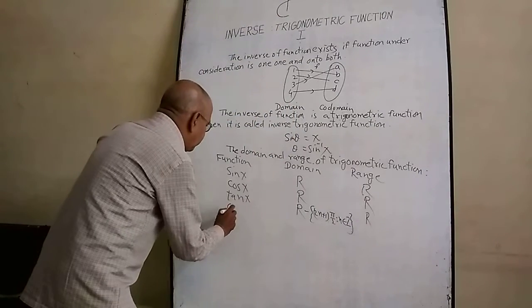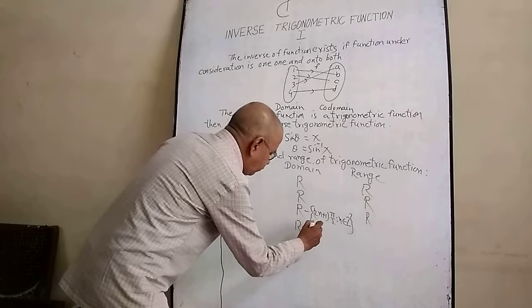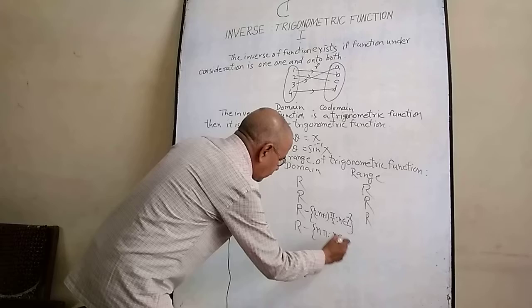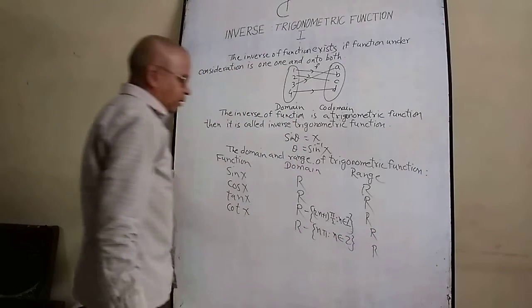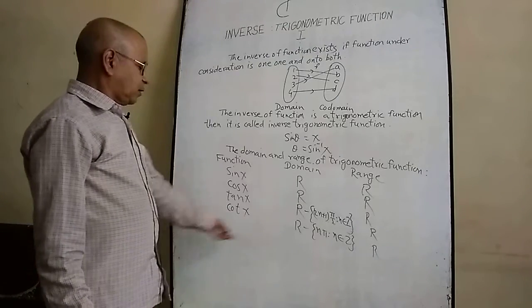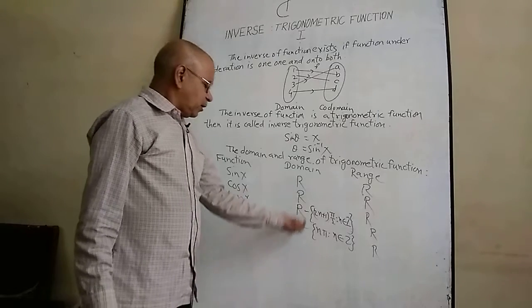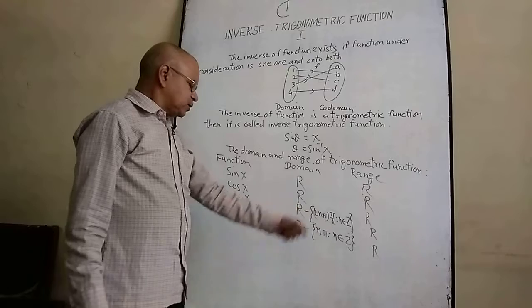Similarly, if I take cot x, then the domain is R minus n pi, where n belongs to Z, and of course the range is real numbers. Sec and cosec have the same type of domain and range, with a slight change in the domain, as with tan x and cot x.